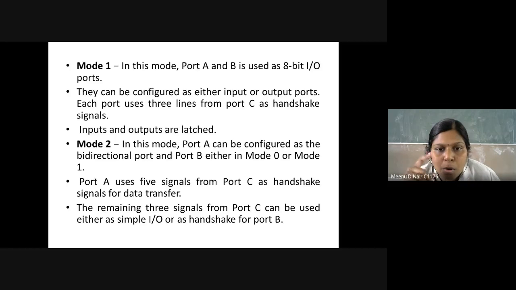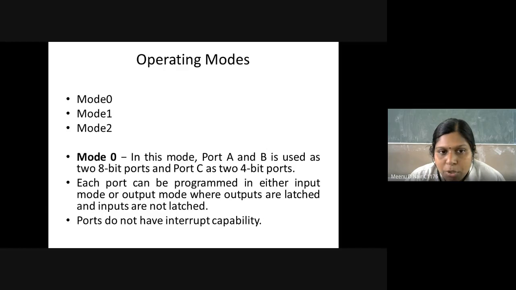If it works in mode 1, 5 signals from port C will be given to port A as handshake signals, and the remaining 3 will act as handshake signals for port B. If it is in mode 0, port B doesn't have any handshake signal, so it acts as a normal simple input output mode of operation. Port C also will be in mode 0 of operation, simply transferring the input output data. I hope it's clear, the 3 modes of operation: mode 0, mode 1 and mode 2.